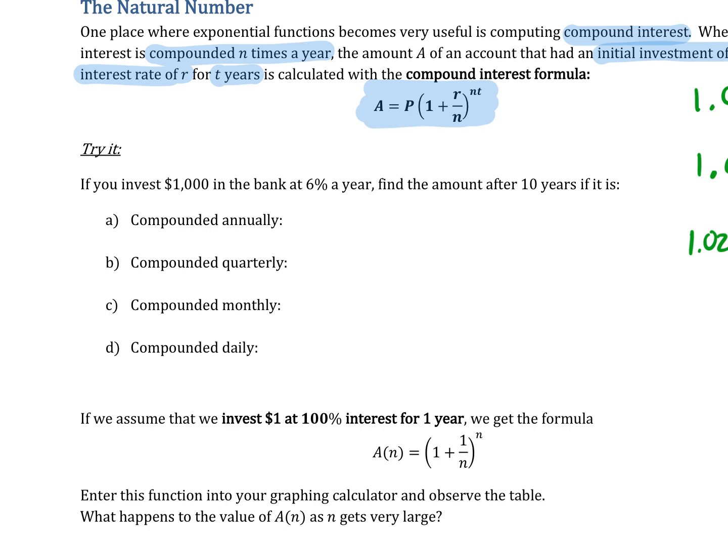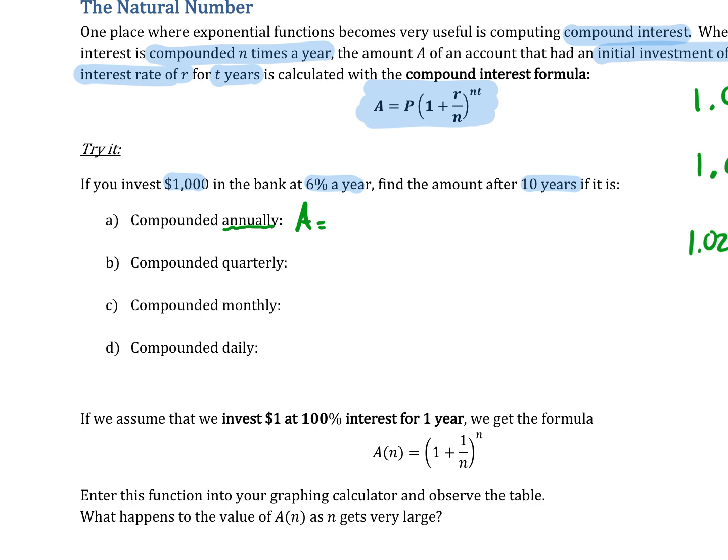All right, so let's say you invest $1,000 in the bank and we have 6% interest a year. All right, so that's our annual interest. We want to know how much money we'll have after 10 years if, let's compound it annually. That means we get interest once a year. So let's enter the numbers into our equation here.